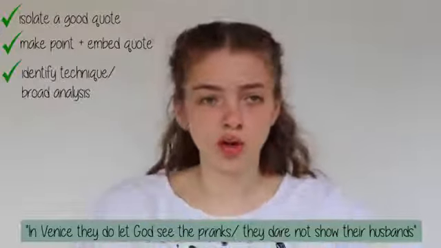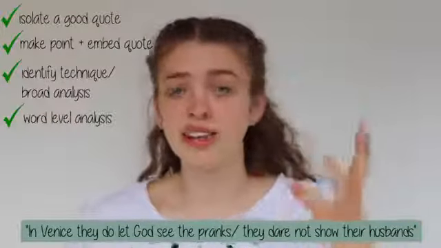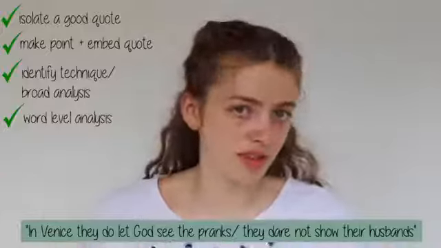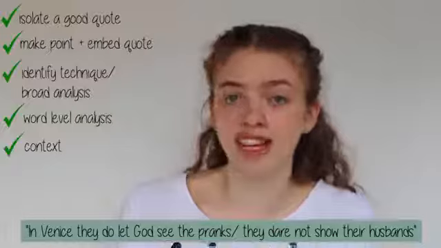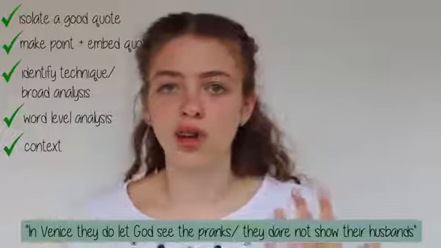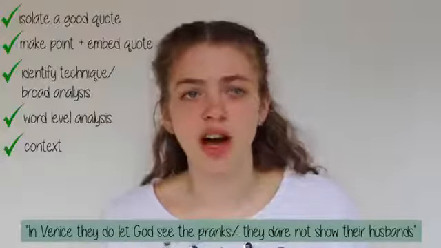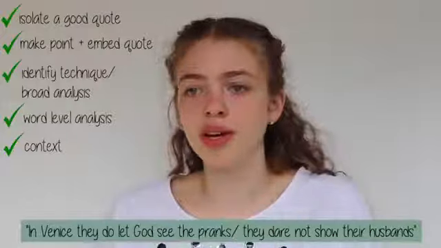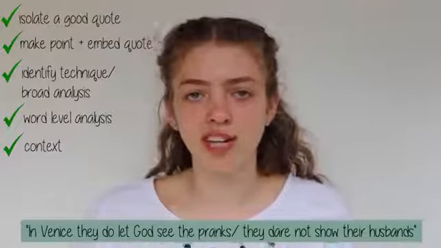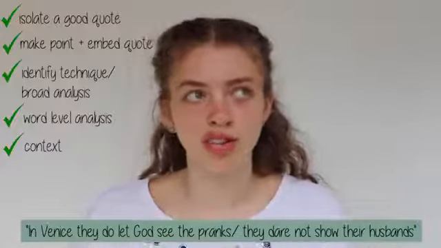I'm going to zoom in on the word Venice, and I'm going to say, okay, this is an allusion, another device, this is an allusion to the context, which at A-level you have to get in, the context of the 1600s. Venetian women have a reputation for more lax sexual restrictions, and therefore Iago is playing to this reputation and making Desdemona seem unfaithful through the Venetian reputation.